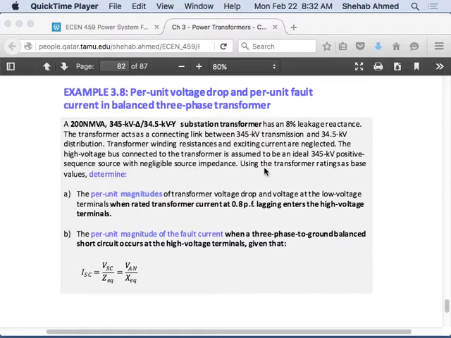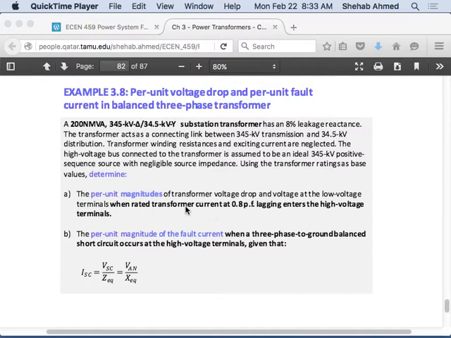Using transformer ratings as base values, they're telling you to use 345 as the base on the primary side. Determine the per unit magnitude of transformer voltage drop and voltage at the low voltage terminals when rated transformer current at 0.8 power factor lagging enters the high voltage terminals.